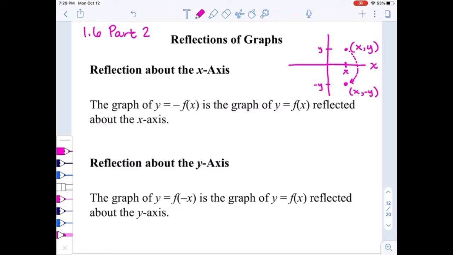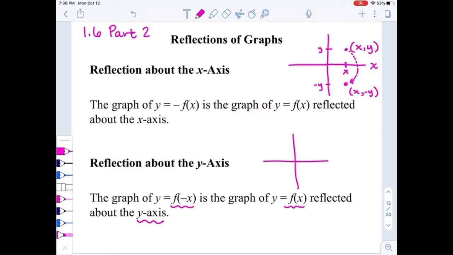If I were to look at a reflection about the y-axis, it says y is equal to f of negative x is the graph of y equals f of x reflected about the y-axis. And if you remember when we talked about f of negative x being the same as f of x, and we're talking about a y-axis, that was when we had an even type of function.